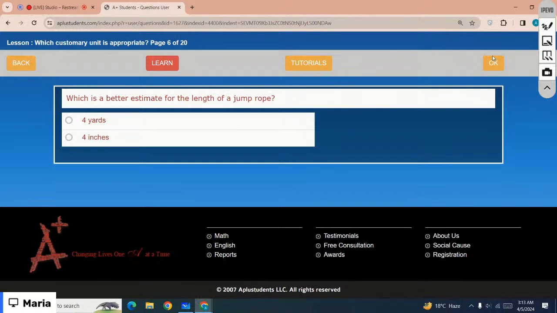Which is a better estimate for the length of a jump rope? 4 yards, 4 inches.